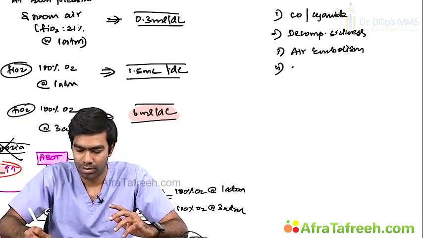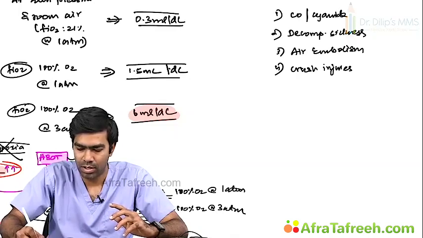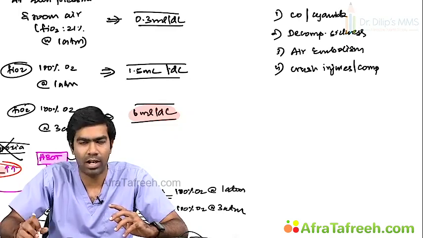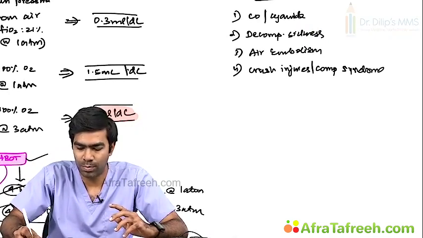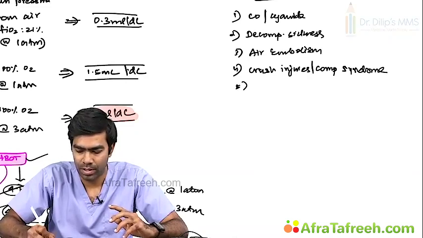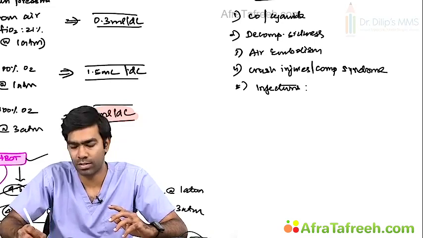Number 4, crush injuries. Crush injuries, compartmental syndrome, these are acute ischemia. So HBOT is proven to be beneficial. Then infections, certain infections, especially clostridial myonecrosis, like gas gangrene.